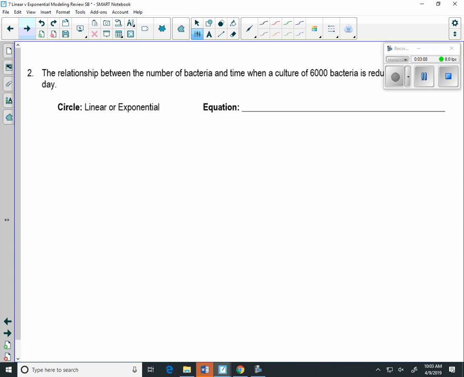So like with this one, we've got a 50% change. What's 50%? We're changing 50%. So here's our exponential model. We're going to go ahead and create our y equals blank times blank. You've got to have that x there.